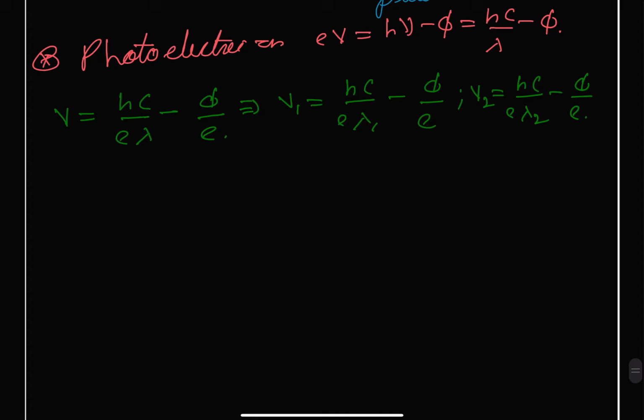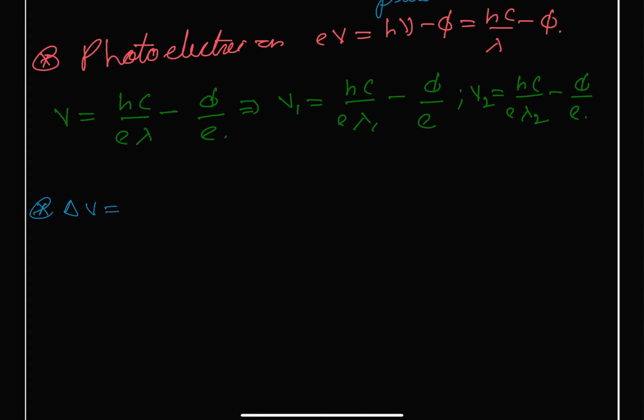Therefore, we can say that our delta V is equal to V1 minus V2. We get this as HC upon E lambda 1 minus phi upon E minus HC upon E lambda 2 minus phi upon E. And phi upon E obviously going to cancel out.